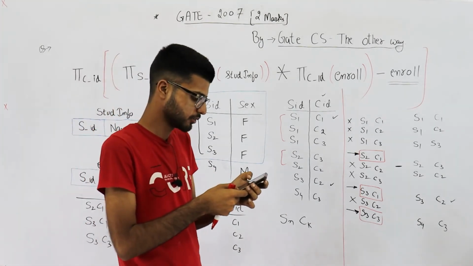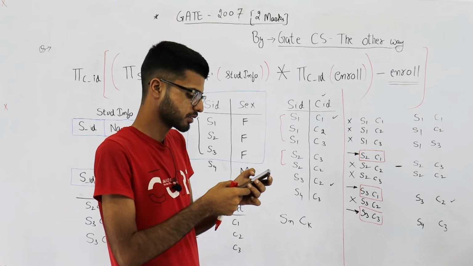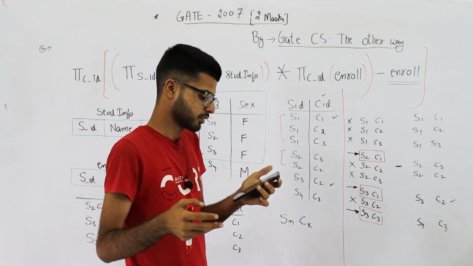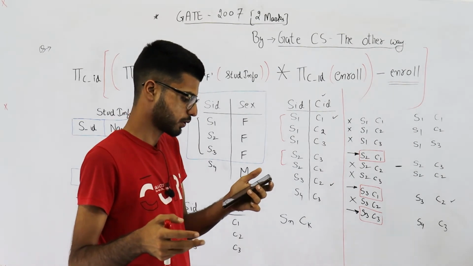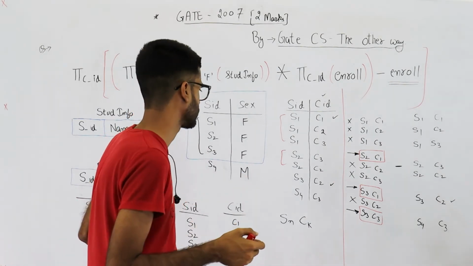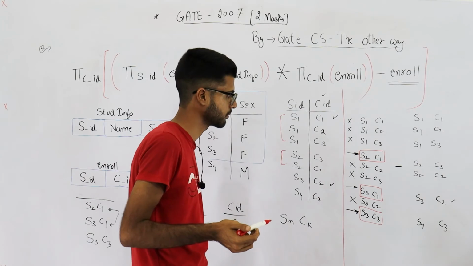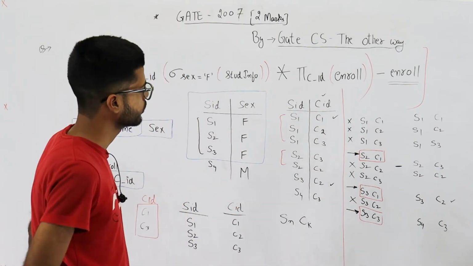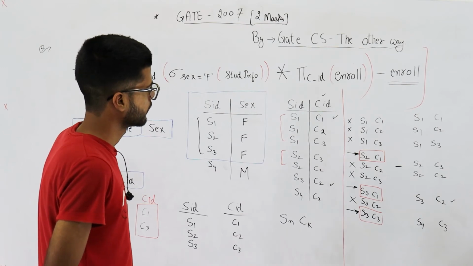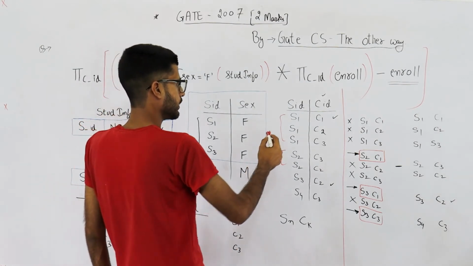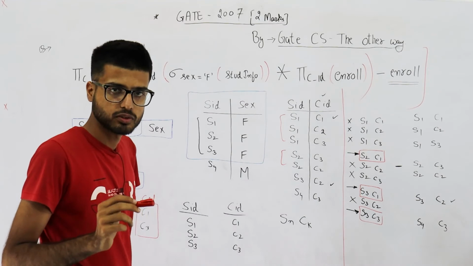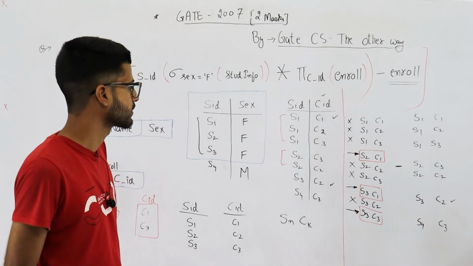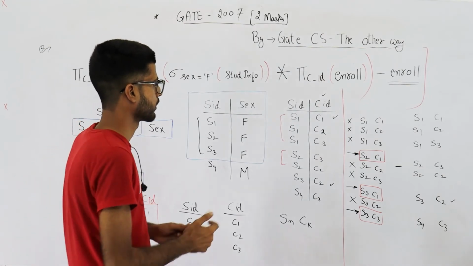Anyways, option C, courses in which a proper subset of female students are enrolled. Yeah, this one seems correct because if each and every female student is enrolled for some particular course, for example, course C2.